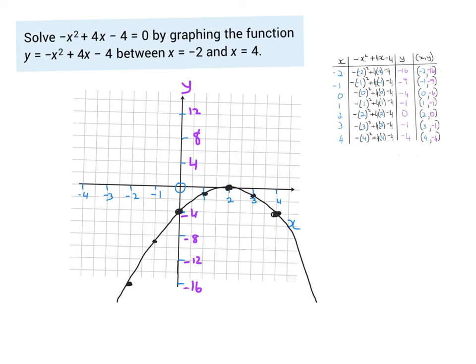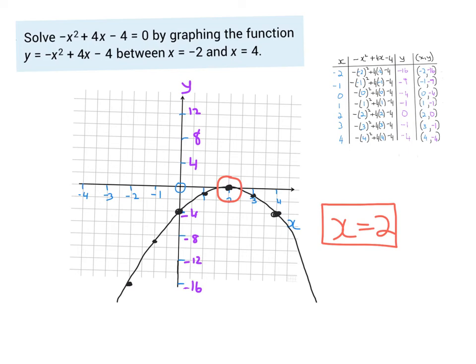And what we can really see here very clearly is where it touches the x-axis. Anytime something crosses the x-axis, that's a solution. So here we can see that there is just one solution to this equation, and it is at x equal to 2. So our solution for this equation is x equal to 2.